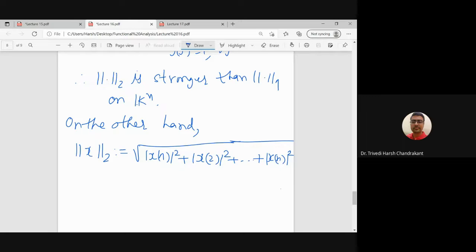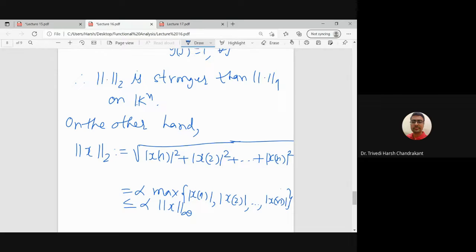Can we say this is less than or equal to alpha times the sup norm? We know that the sup norm is nothing but the maximum of modulus x1, modulus x2, ..., xn. So in this case, what will be alpha?